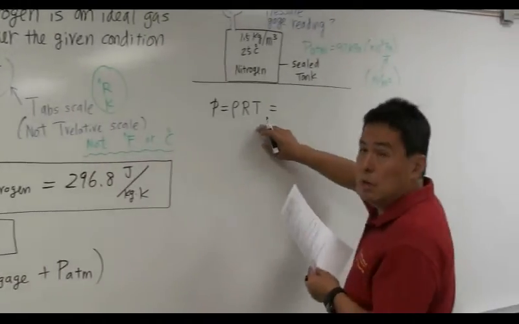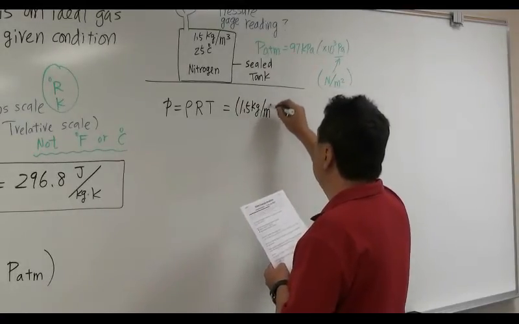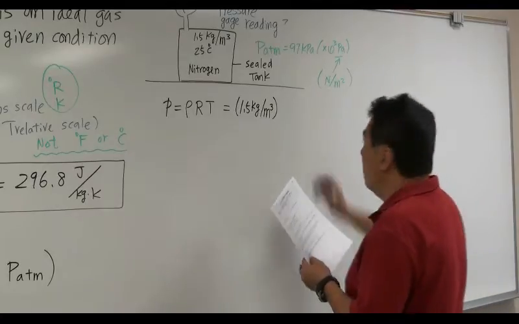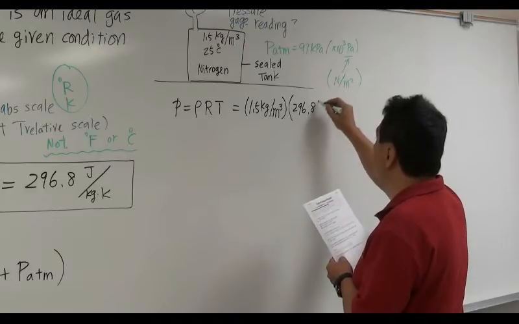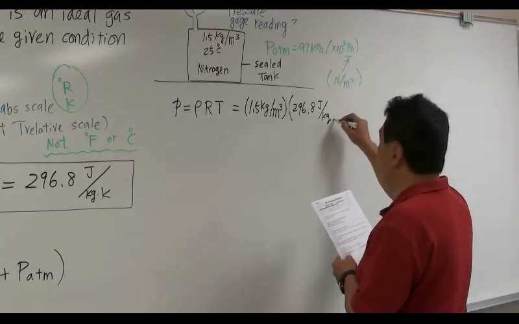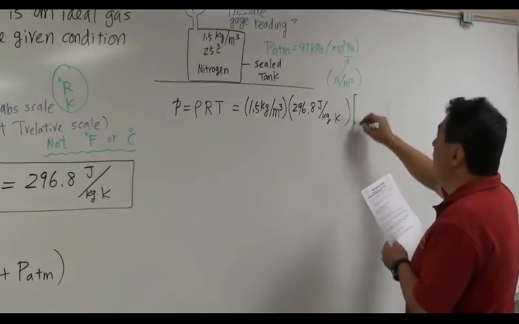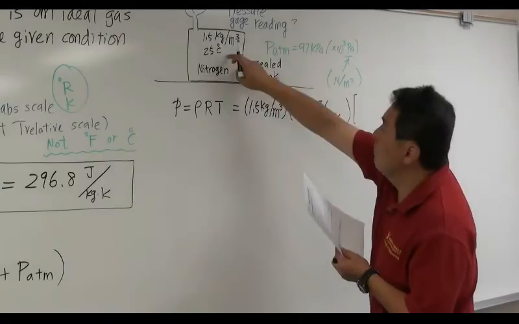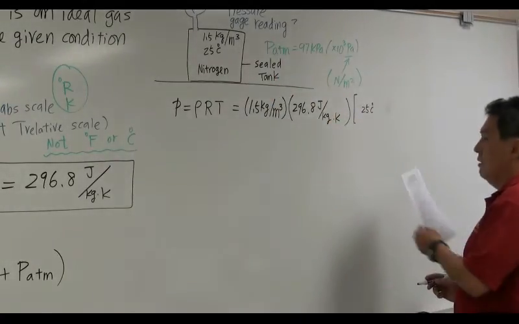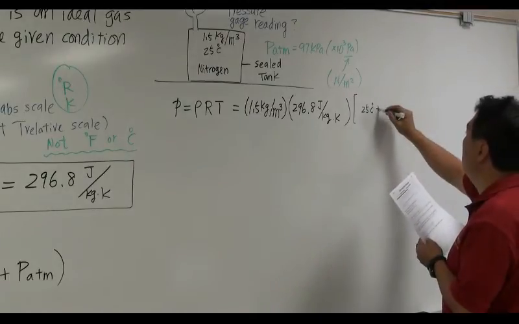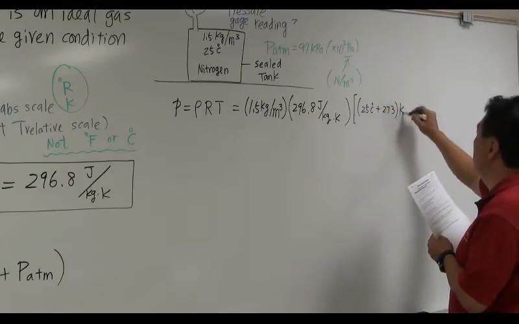So P equal to rho RT: density is given, 1.5 kilogram per cubic meter. The gas constant we found for nitrogen is 296.8 joule per kilogram K. Then multiply by the temperature, 25, but 25 degrees C is not absolute scale, so you add 273 to turn this into Kelvin.